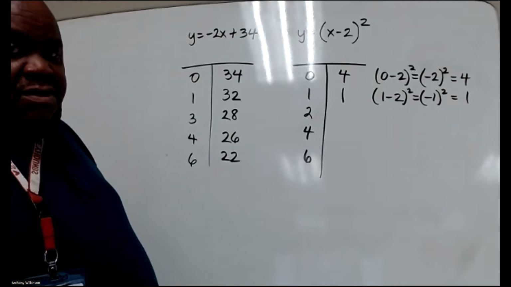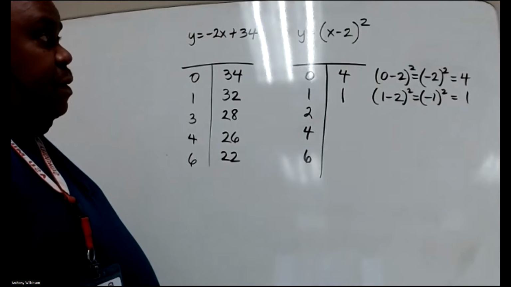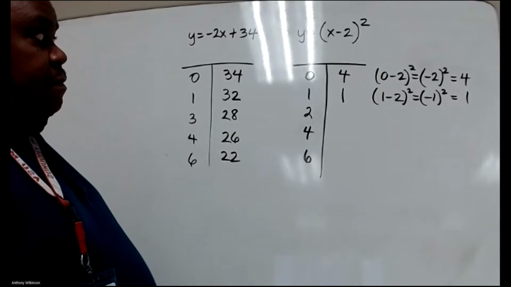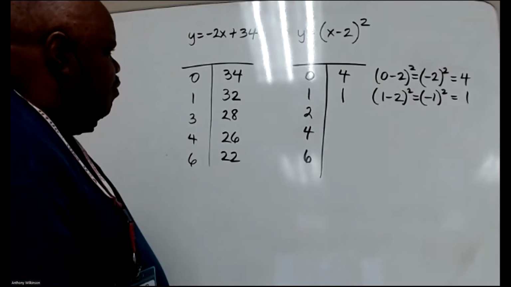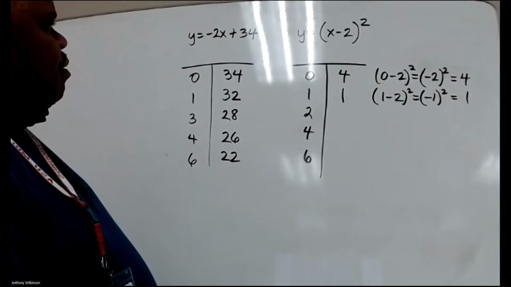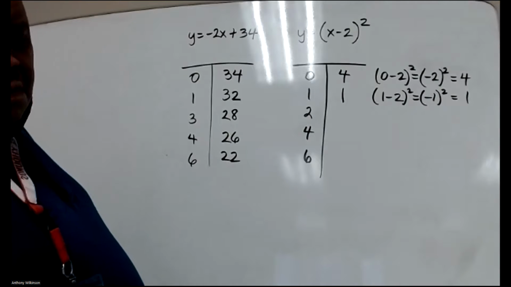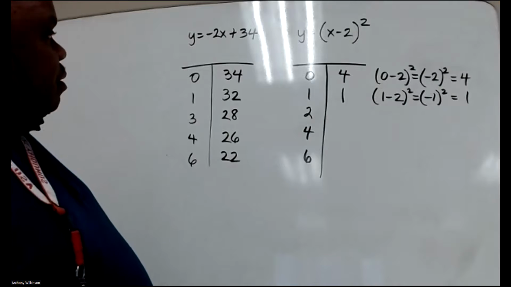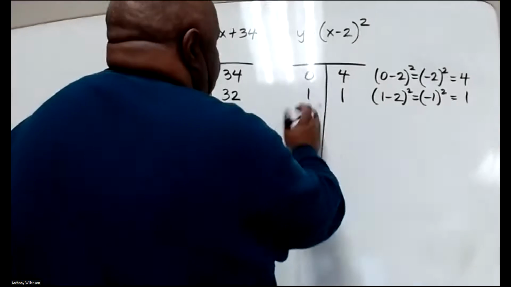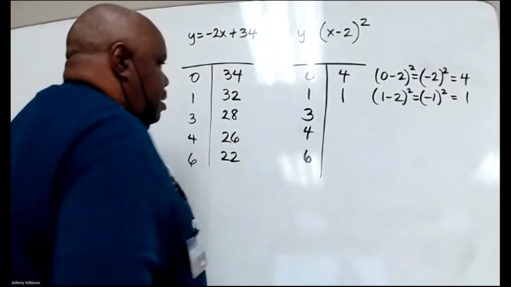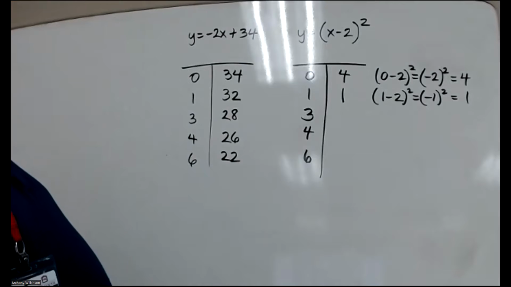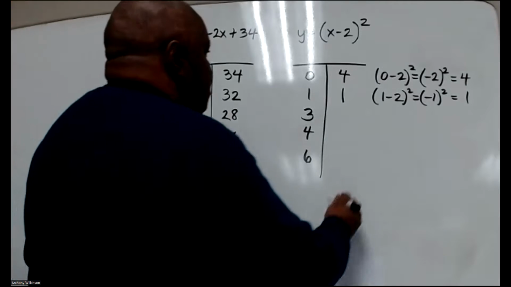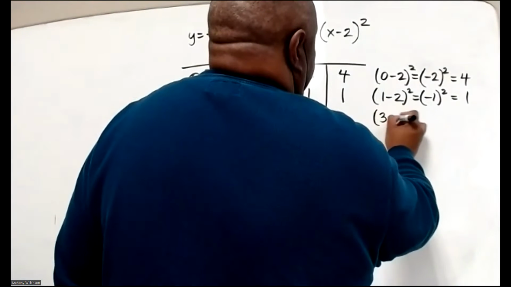And for x is equal to 2, the input being 2, what would that output be? So for 3, it'll be 1.